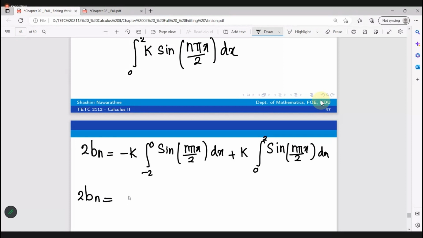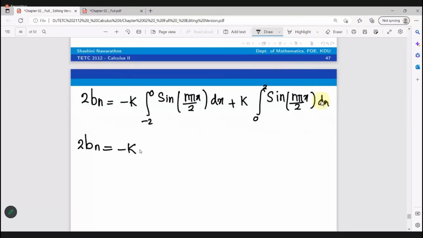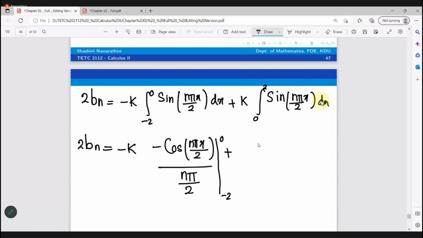Times Bn is equals to minus k times, what is the integration of sin x? Minus cos. So it is minus cosine n phi x over 2 over n phi over 2 from minus 2 to 0, plus k times minus cosine n phi x over 2 over n phi over 2 from 0 to 2.